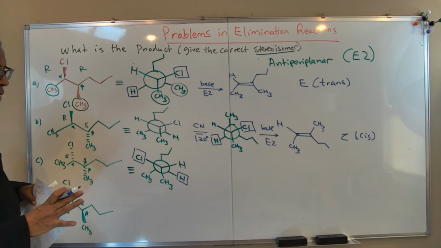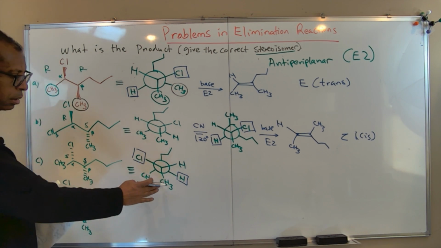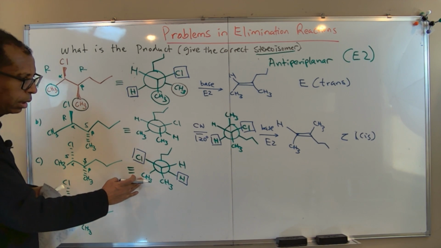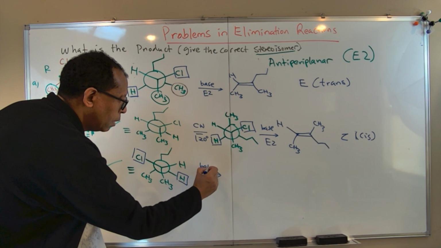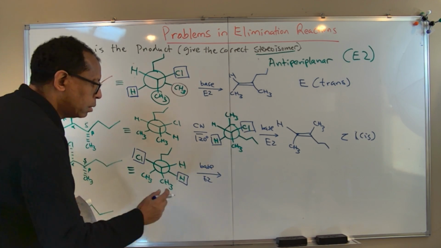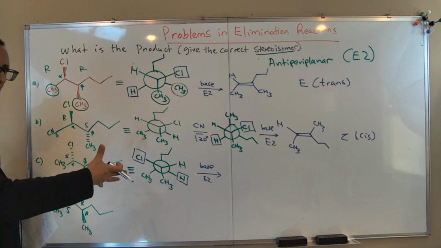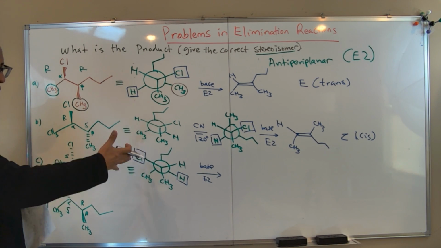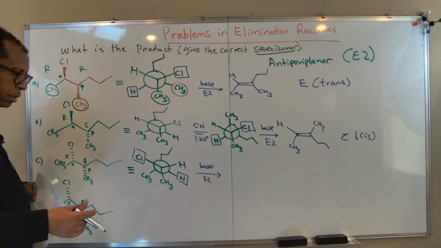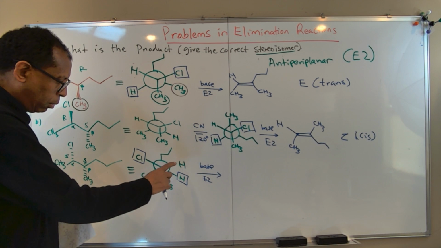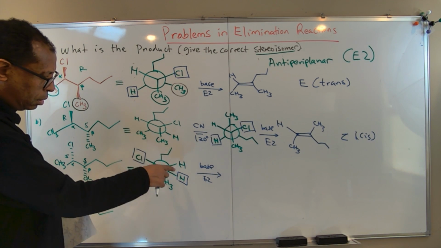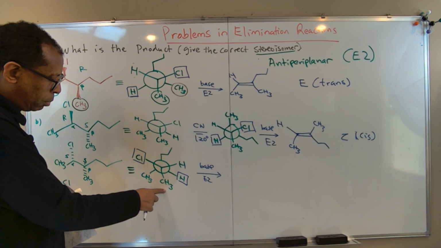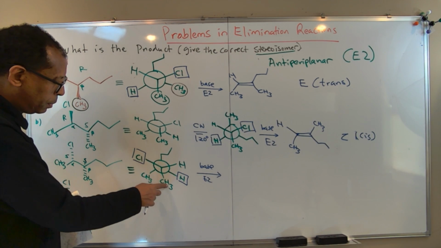So the elimination would keep this CH3 and this CH3 on the same side, with a base in an E2 reaction. The molecule does it itself. What we are trying to show you is how it happens. So now this group and this group are together.